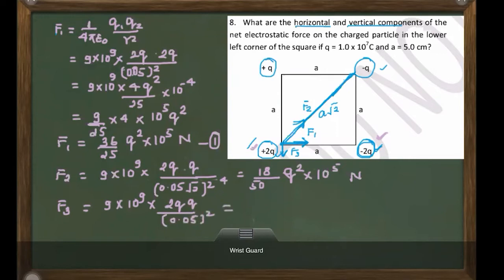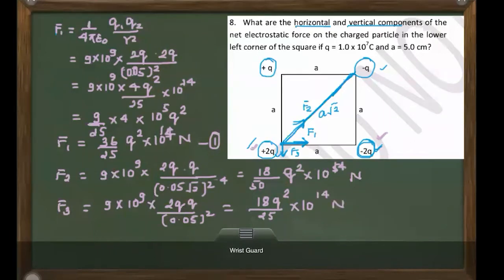And that becomes 18 Q square divided by 25 into 10 raised to power, sorry, here it will be plus. So here it will be 9 and 5, not 5, it will be 14. 9 and 5, 14.